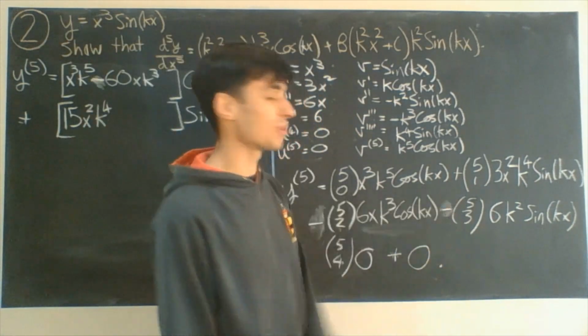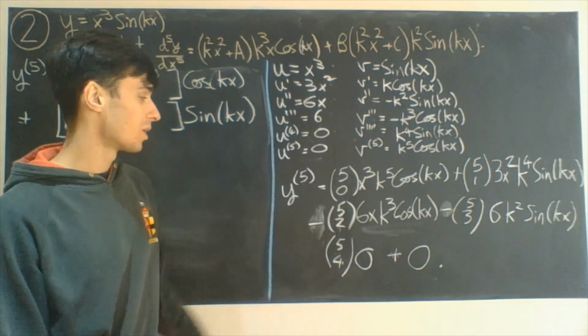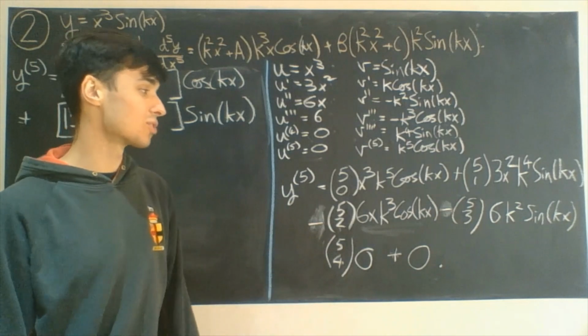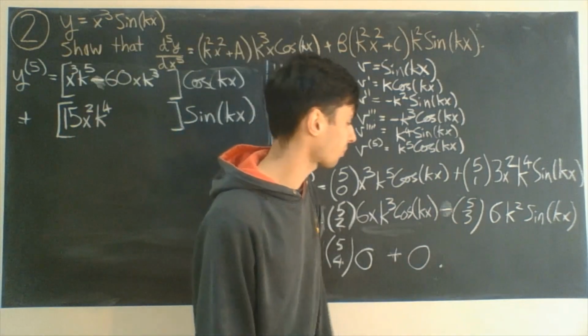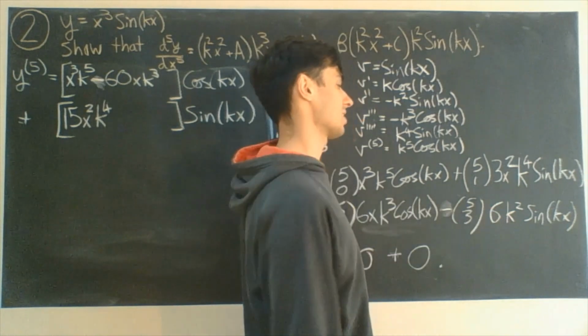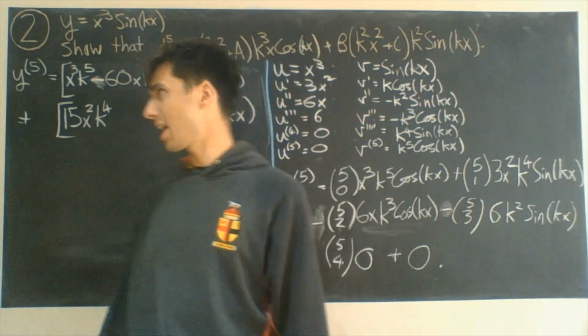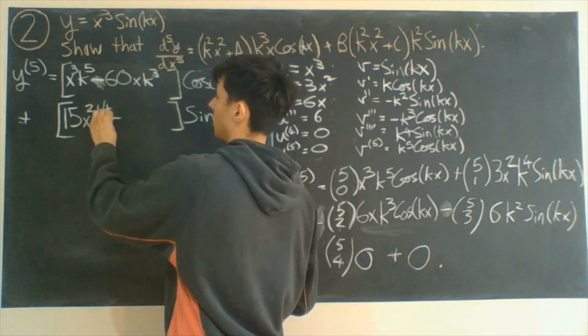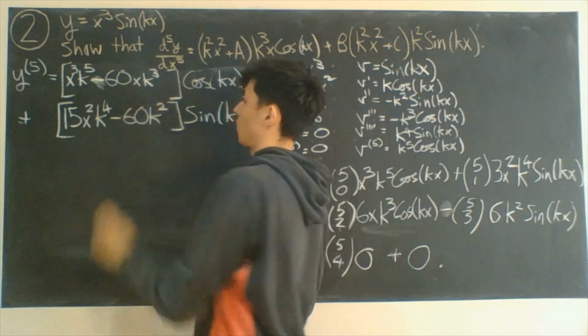We've got 5 choose 3, and because the binomial coefficients are symmetrical, 5 choose 3 and 5 choose 2 must be the same. So we know this is also 10. 10 times 6 gives us 60. So we've got minus 60k squared.